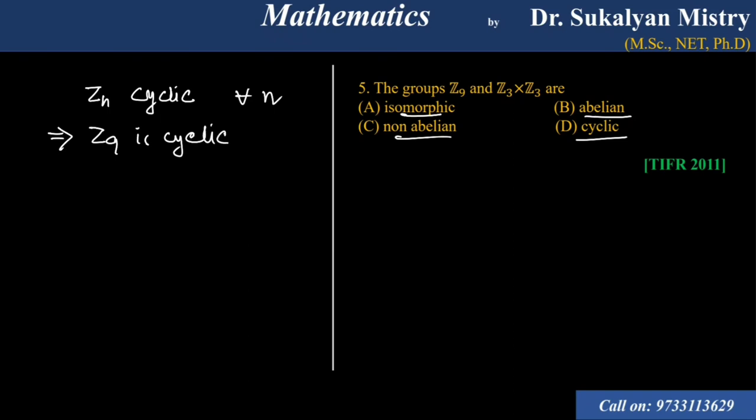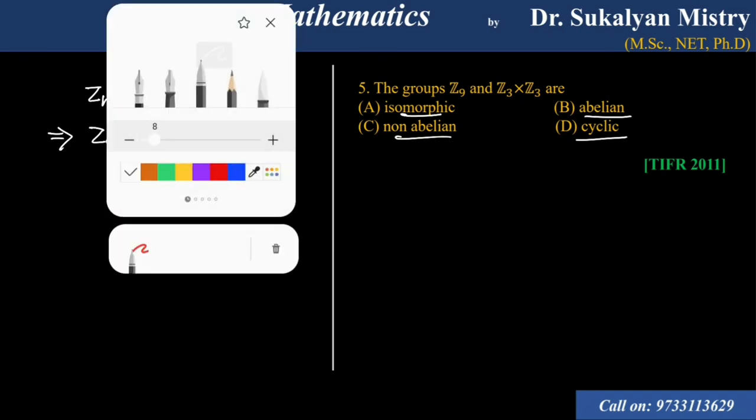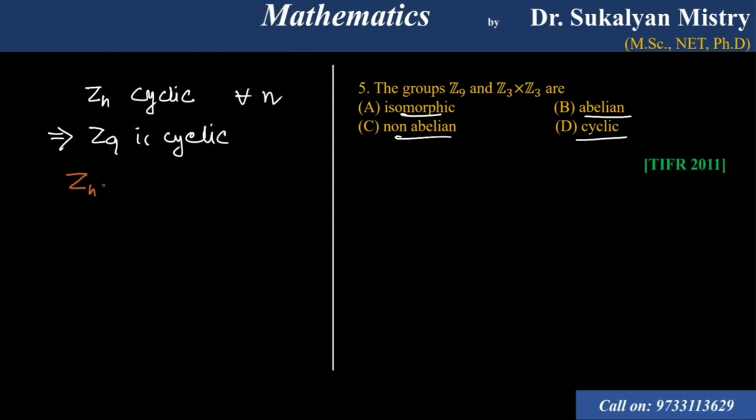Clear? So also we know that Zn cross Zm is cyclic if and only if GCD of m and n is 1. That is a very important result.